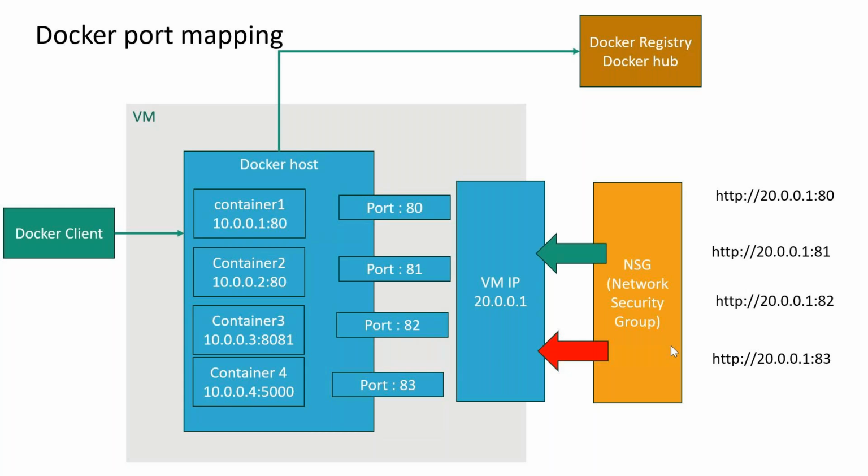But when you're trying to connect, you can specify that you want to enable only these ports from these particular IP addresses, otherwise it's not allowed. We will see that in the demo also: what is allowed, what is not allowed, and how we can change that. So this is what we are trying to connect here.